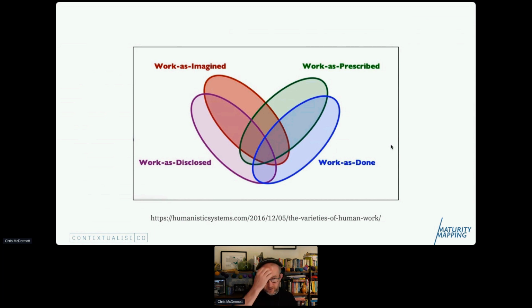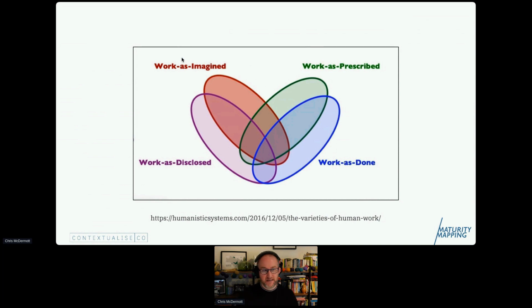It's a model that describes how we understand work. First, on the left-hand side in red, we have work as imagined. That's how people who don't do the work imagine work may be done. It could be that they're experts who once worked in a field and have a belief of how it should be done, but over time your memory of how it's done fades and your experience fades.